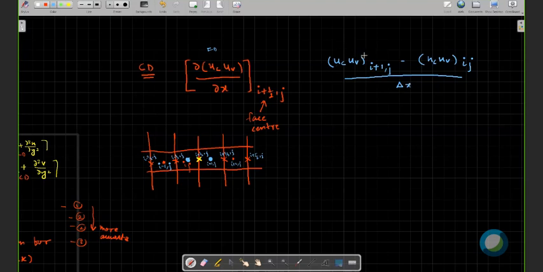Then in this case, both these values will be obtained as averages. Okay. So this minus this over delta x, and then the particular values UC UV at i plus 1, j and at i, j will both be average values. So the i plus 1 value will be the average of this one and this one.